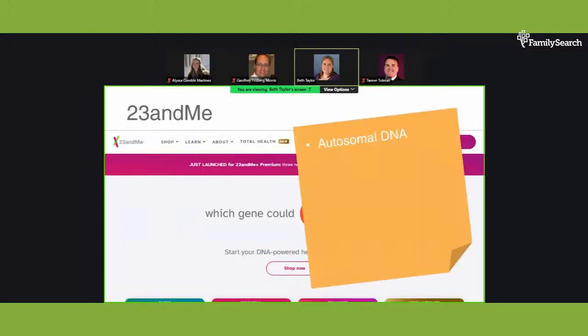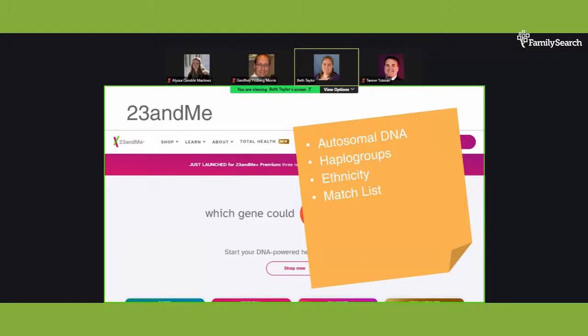Next up, there's 23andMe. I know there's some questions around it. 23andMe has been in the news a little bit because it's having a little bit of financial difficulty, but we're hoping it will pull out and still be a great company. They test just the autosomal DNA, but they will also provide you haplogroup information for the Y and the mitochondrial. Again, they provide ethnicity.